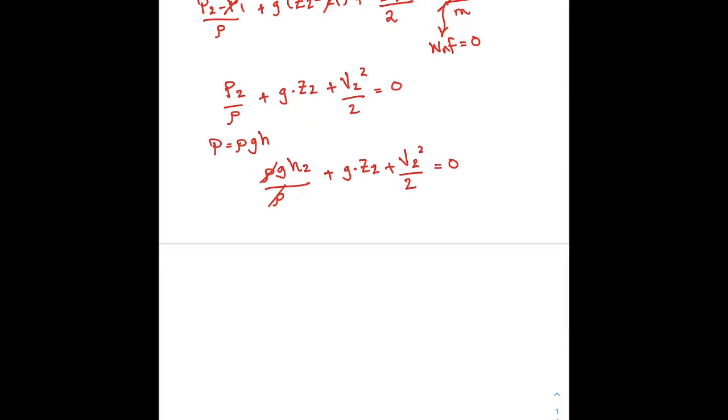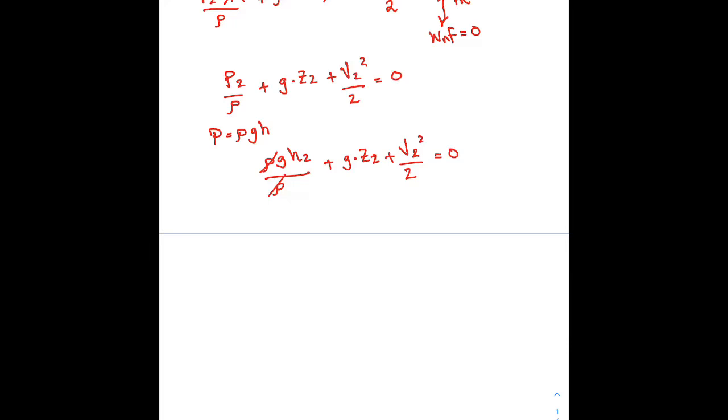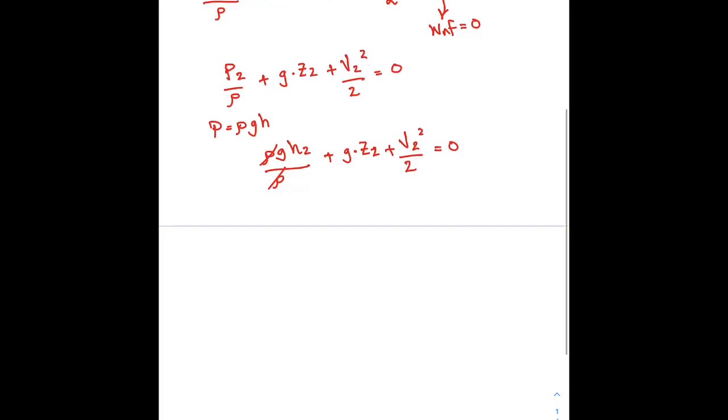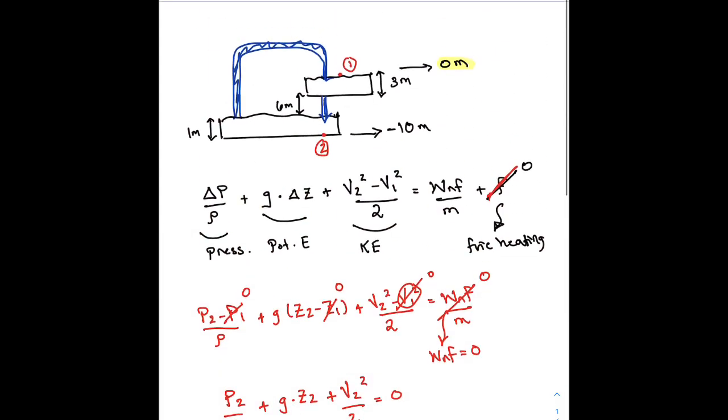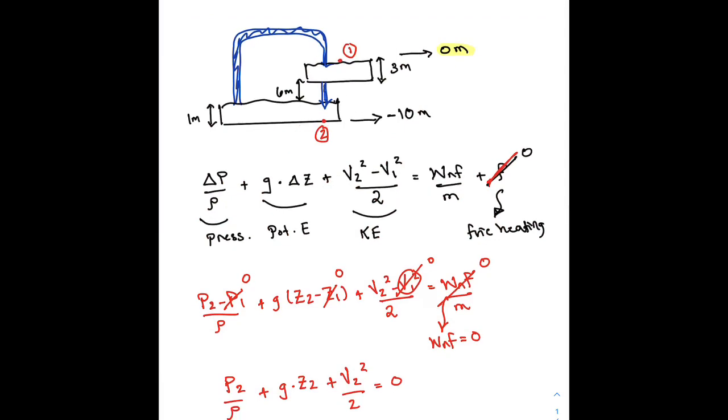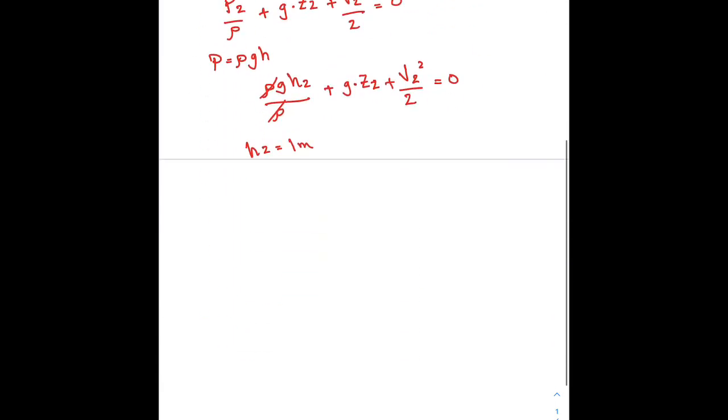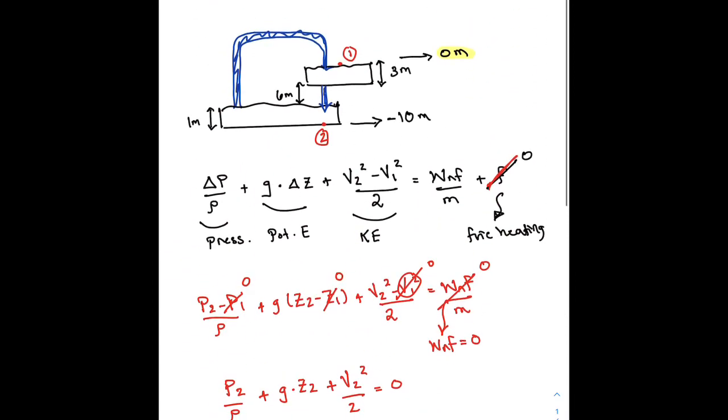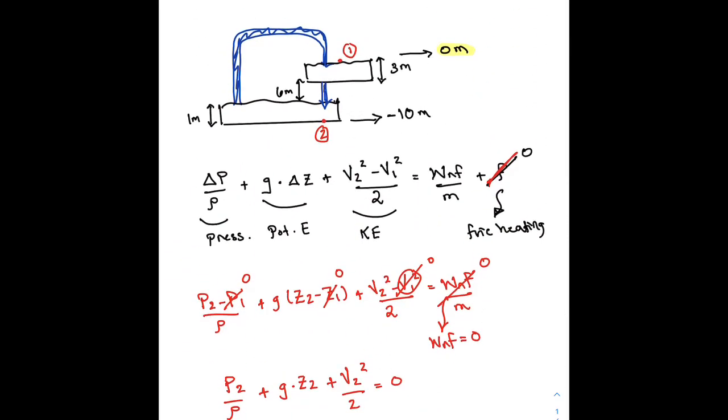So now our equation is getting even simpler. We can put in the values that we know for H2 and Z2. We know that H2 equals 1 meter, because that is the height of the water that we're looking at from here to here. And then Z2 will be from here, where we defined 0 meters, to 2, which is going to be negative 10 meters, since we're going down.